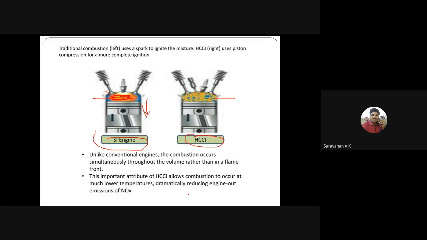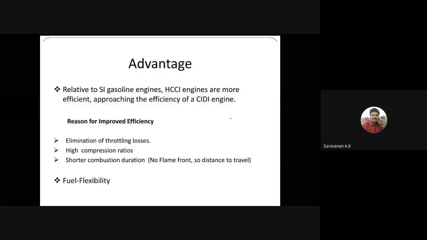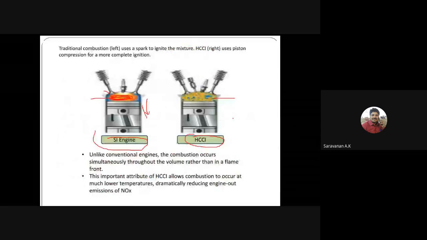Furthermore, unlike conventional CI combustion, in CI combustion the fuel and air are well mixed, that is homogeneous, right? So for SI engines we are using heterogeneous, for CI engines we are using homogeneous, right?